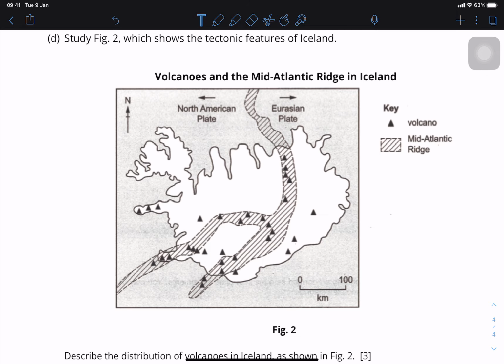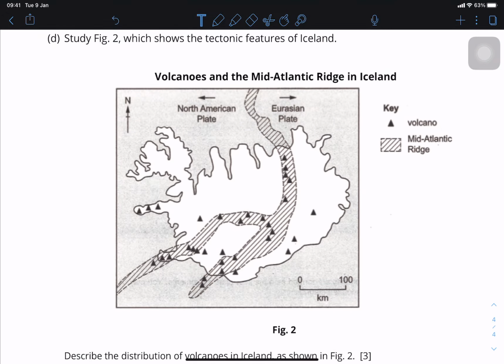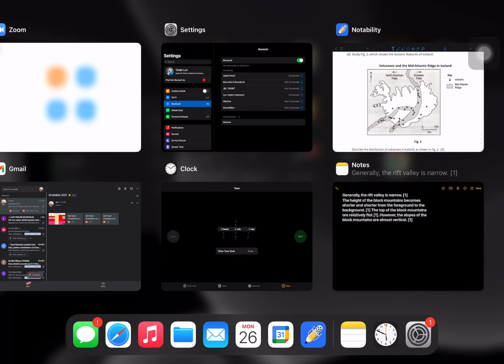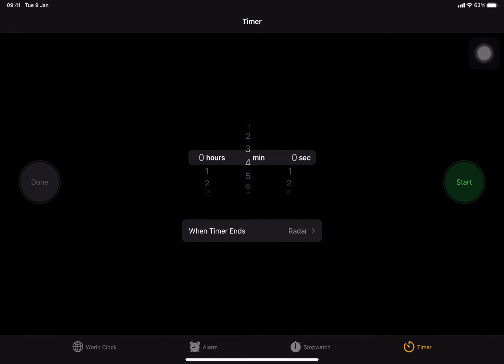Okay, so let me set a timer for you. 4 minutes. That's my timer. Okay, 4 minutes.